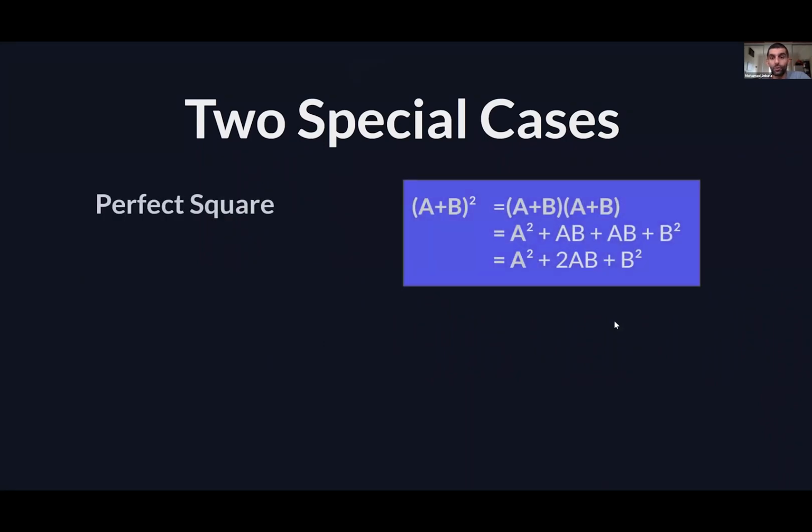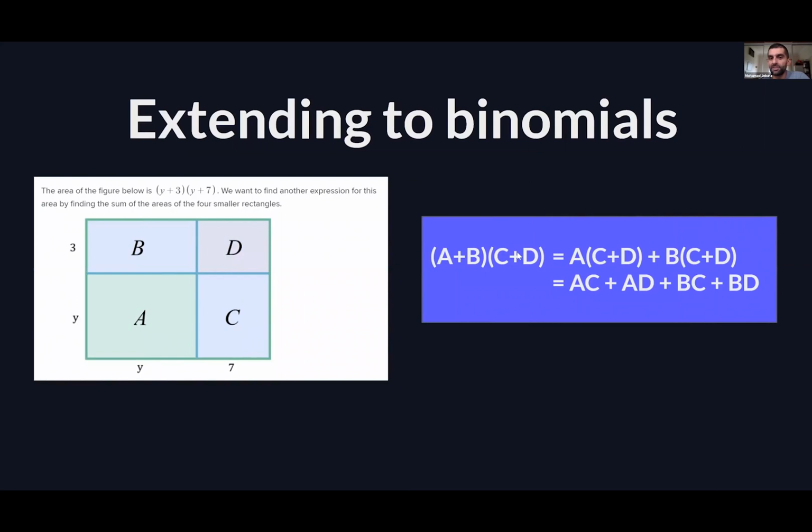So the first one is the perfect square case. A perfect square basically means a plus b times a plus b. Where we talked about in the last thing, a plus b times c plus d, it's exactly the same, except now c and d happen to be exactly the same as a plus b.